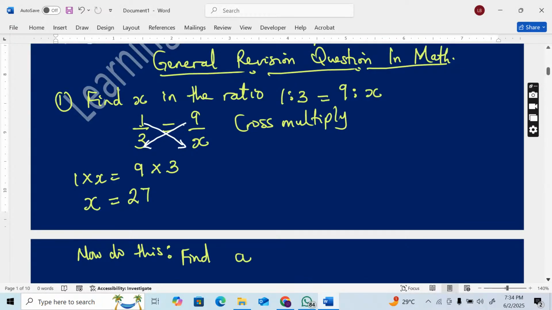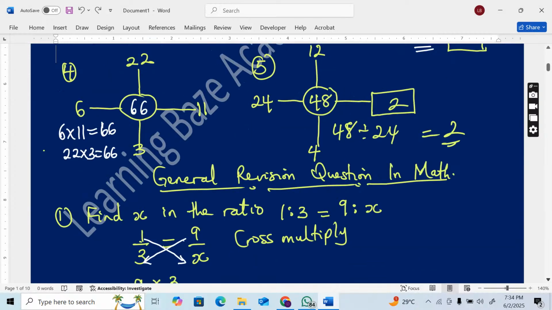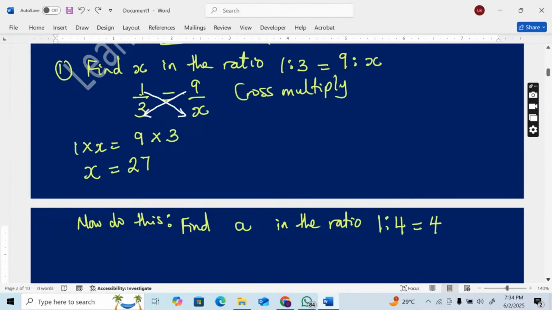Find a in the ratio 1:4 equals 4:a. Find a in the ratio.